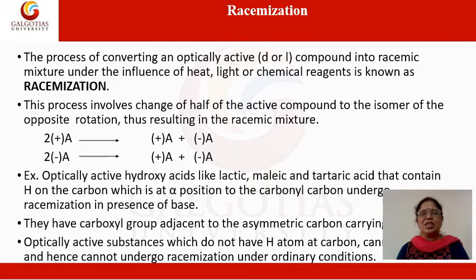Now this process involves change of half of the active compound to the isomer of the opposite rotation, and that's how the racemic mixture is formed.